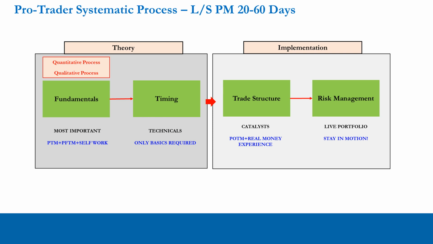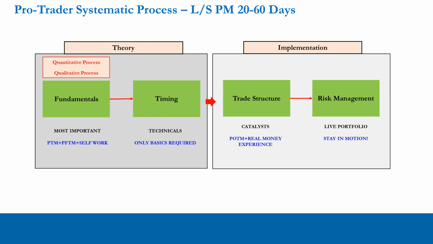Next up is timing. Once you've come up with a trade idea and you believe that it's a trade idea that you want to put into the portfolio, that's when we have to time our trades, okay? We have to use technicals and price action to essentially time our trade ideas.